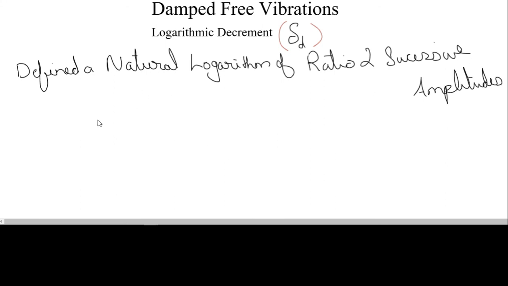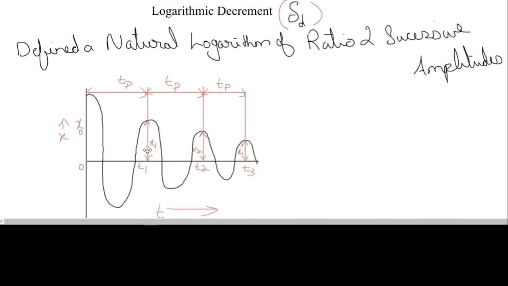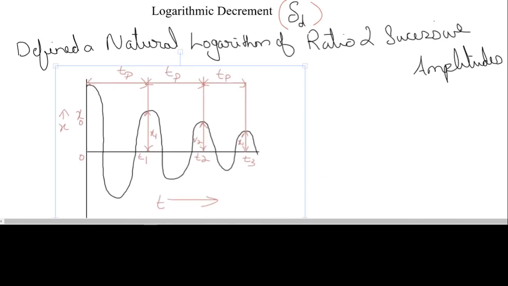So that means if we consider a vibrating condition in which the amplitude is changing with respect to time, if you remember the earlier topic, this is a classic representation of an underdamped condition where damping is not sufficient, so it continuously goes on vibrating with only a marginal decrease in amplitudes.